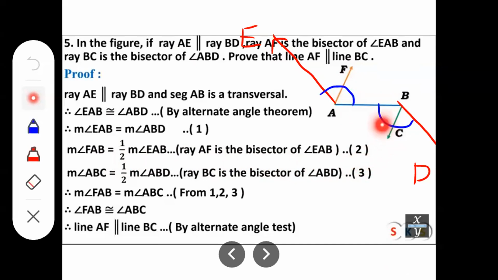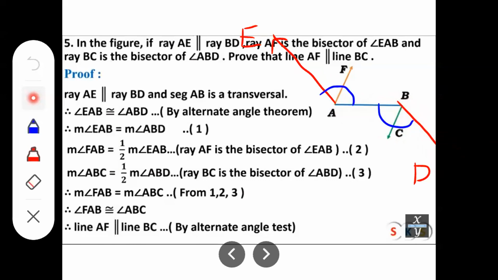Similarly, I have written for this angle. This means angle ABC. See the pointer, the angle here. For angle ABC, I can write that it is half of the complete angle ABD.